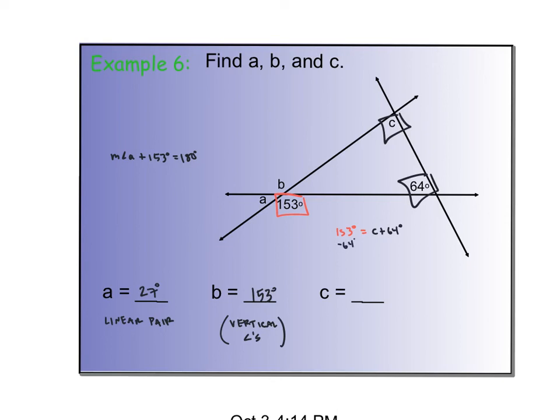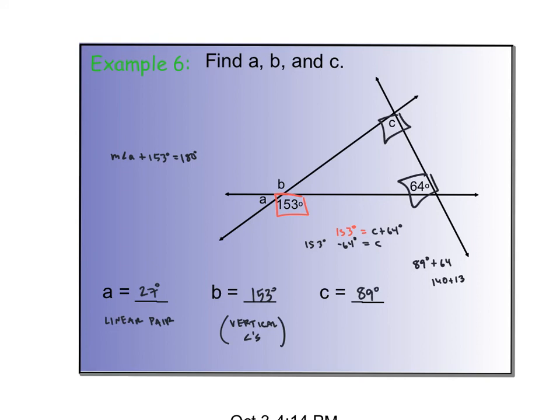That's not good for me. 153 minus 64 is going to equal C. That's going to equal, what, 89 maybe? Let's see, I'm going to check. 89 plus 64, that's 140, 140 plus 13, 153. Yep, 153. Therefore, C would equal 89 degrees.